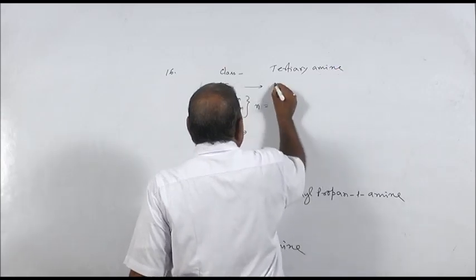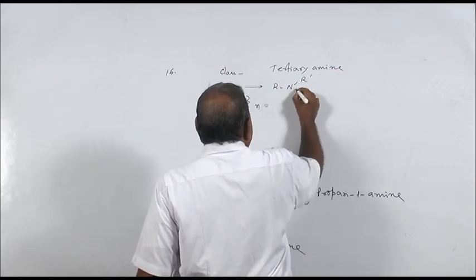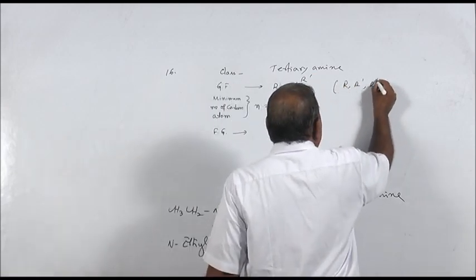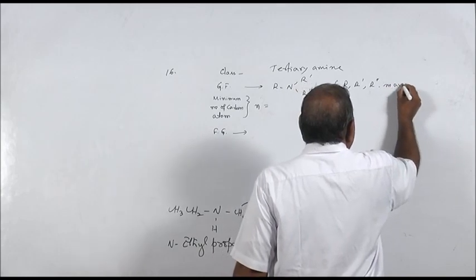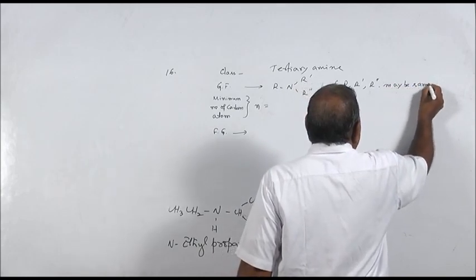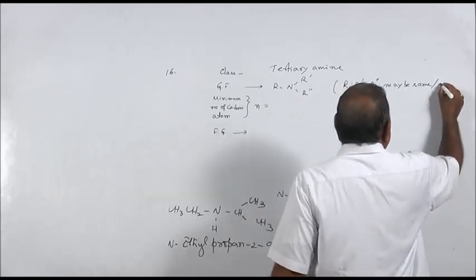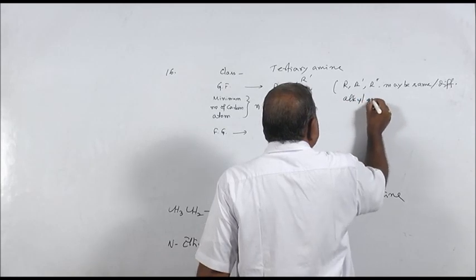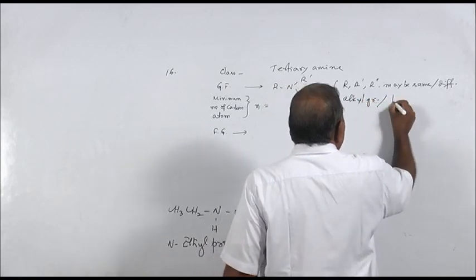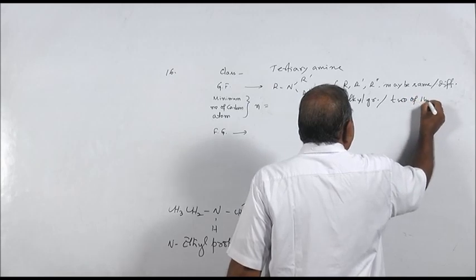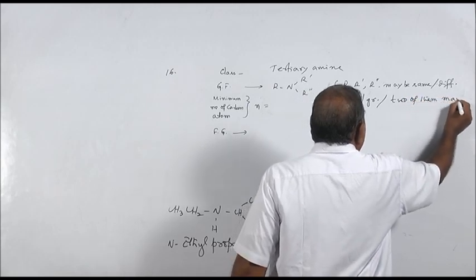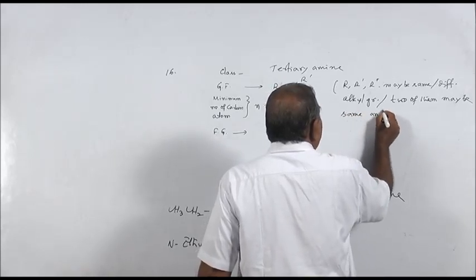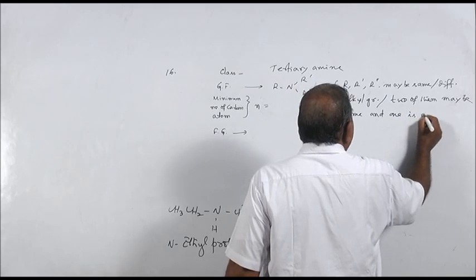So the general formula becomes R, R dash, R double dash, where R, R dash, R double dash may be the same or different alkyl groups, or two of them may be the same and one is different.